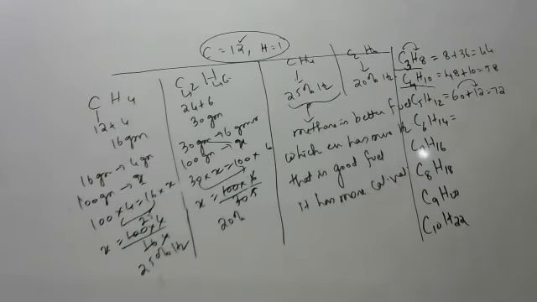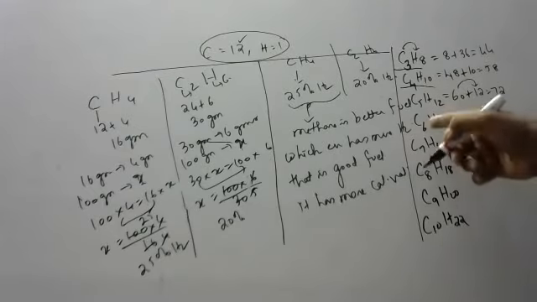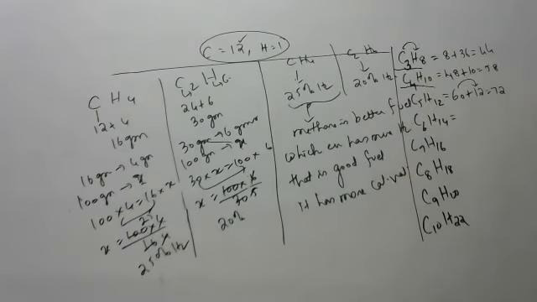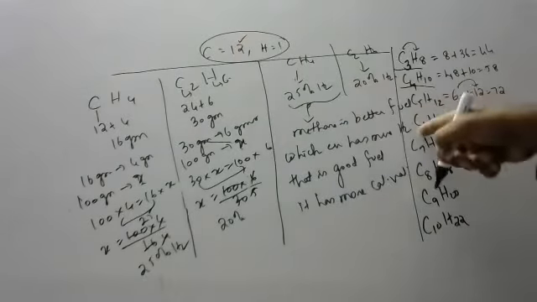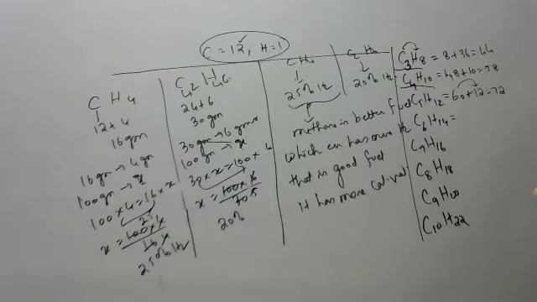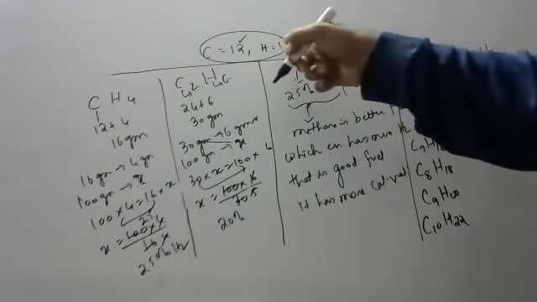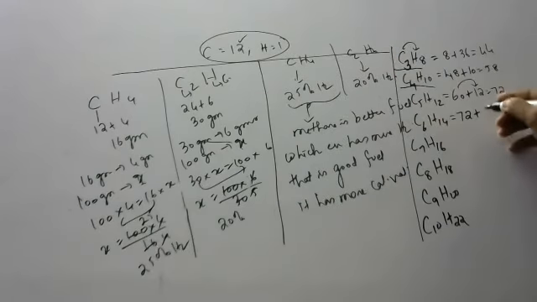Okay, next. Rishikesh, C6H14 weight. 12 sixes are 72, plus 14, 86. Okay, mute your audio.